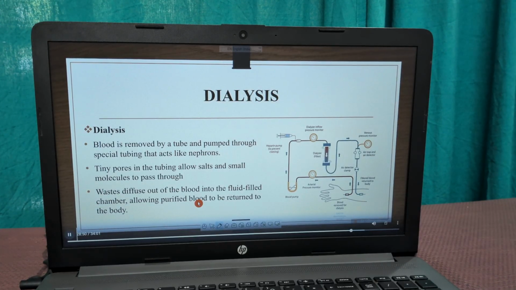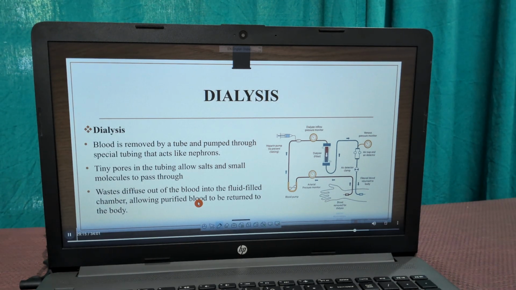So this was the whole mechanism of the formation of urine, how urine is formed and how the kidneys perform the function of excretion in the human body. Now let's understand a very important function called dialysis.